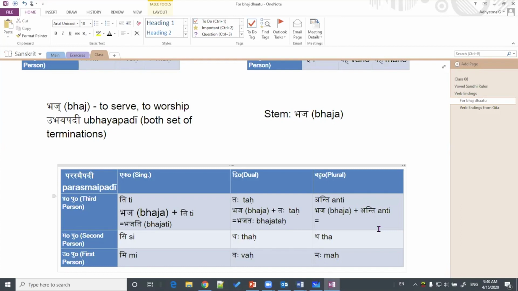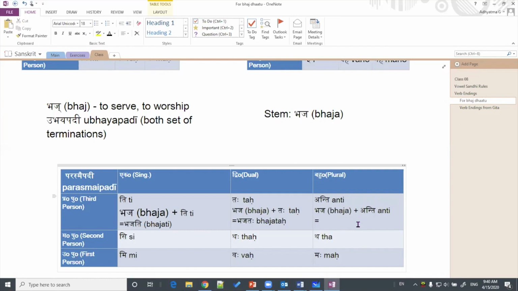So what is going on here? There are multiple rules when we make these verb forms, and Panini states one rule that in this case akara plus akara will not become a long akara; it will remain a short akara. That is just a rule stated by Panini, and we study those rules in quite advanced Sanskrit classes, even higher than level 2 or level 3.